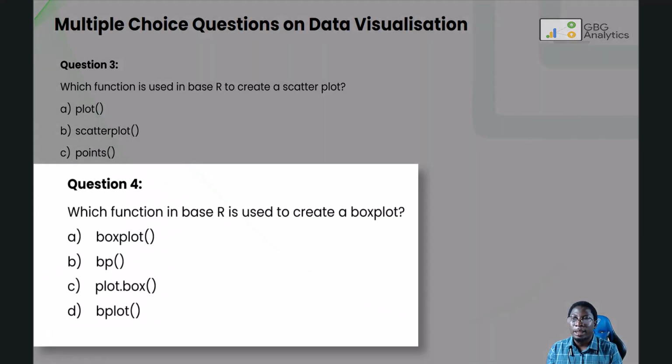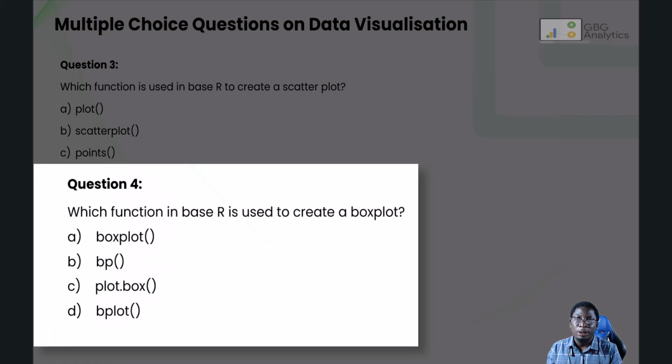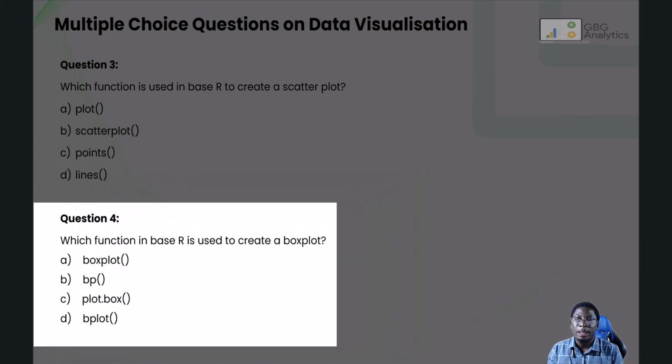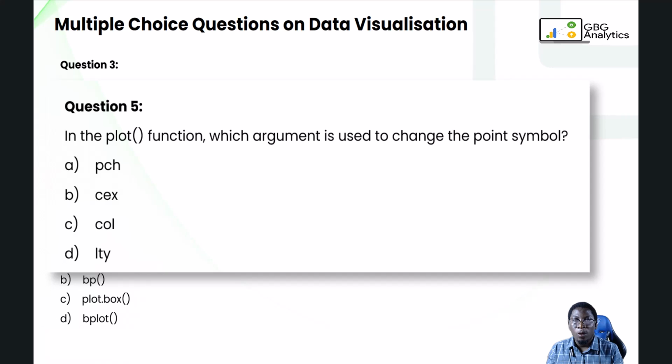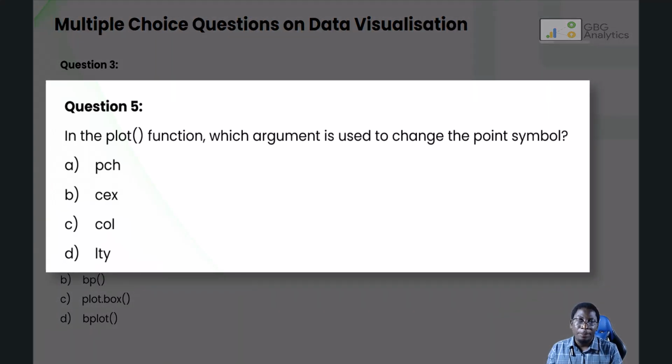The third question is, which function is used in base R to create a scatter plot? A. plot function, B. scatterplot function, C. points function, and D. lines function. Question 4. Which function in base R is used to create a box plot?